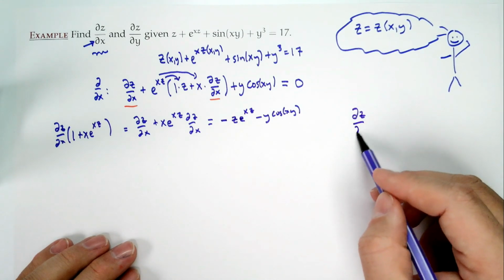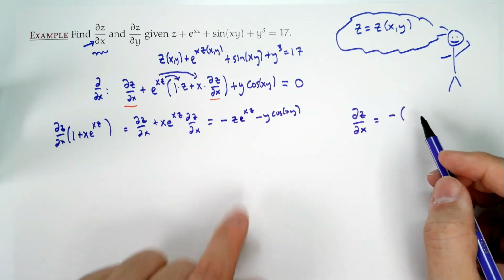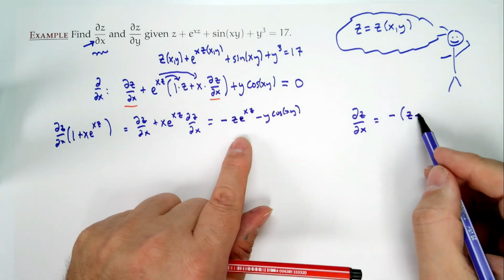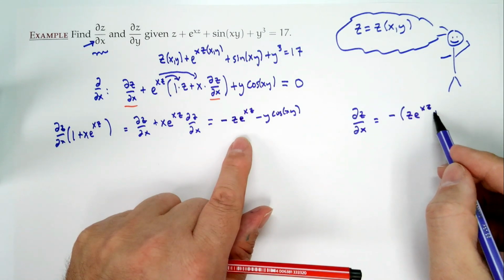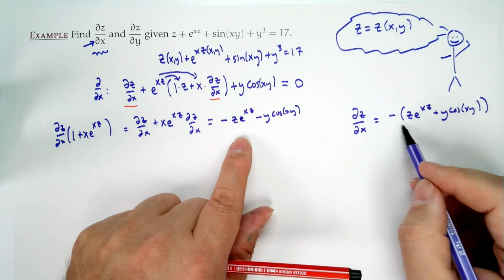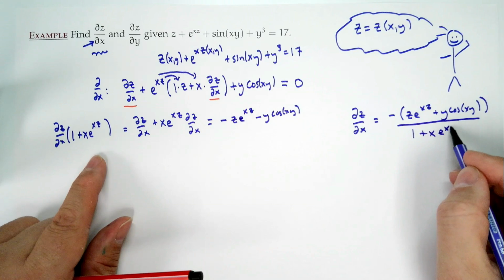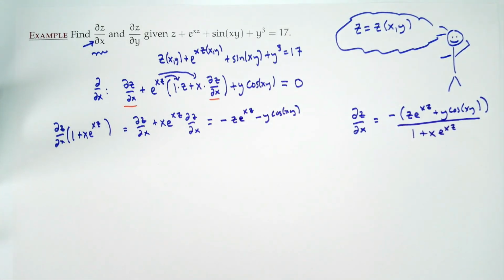So we get that partial z partial x is equal to minus, and I'll actually factor minus out, z e to the xz plus y cosine of xy, divided by 1 plus x e to the xz. Okay, and there we go. That's the answer.